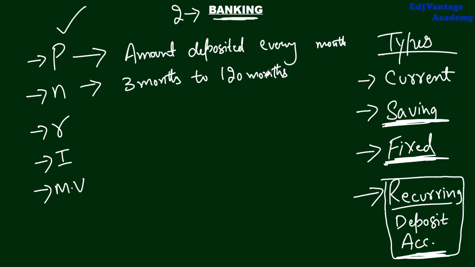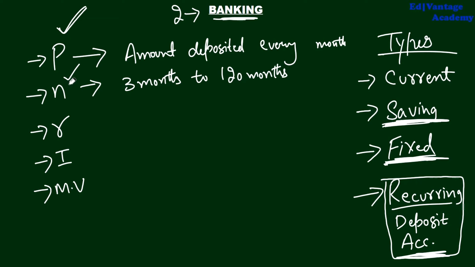Because our deposit is monthly, that's why time also should be in months. And here time is not represented by t, it's represented by n. You can represent it by t, that's no problem. So every month I am depositing one fixed amount which I have chosen while opening the account, the same amount for n number of months.